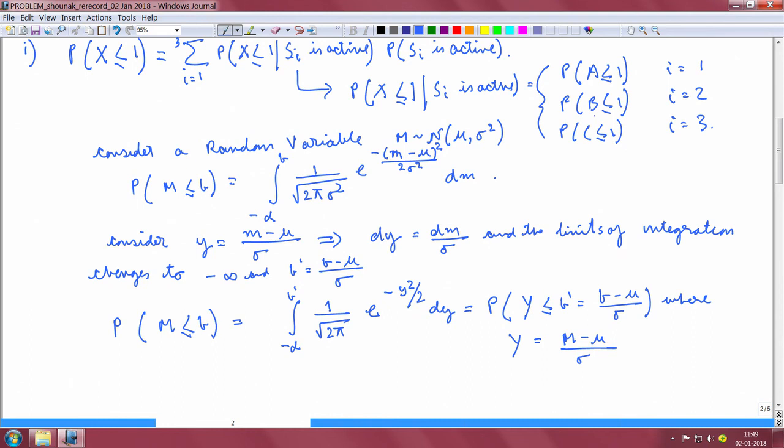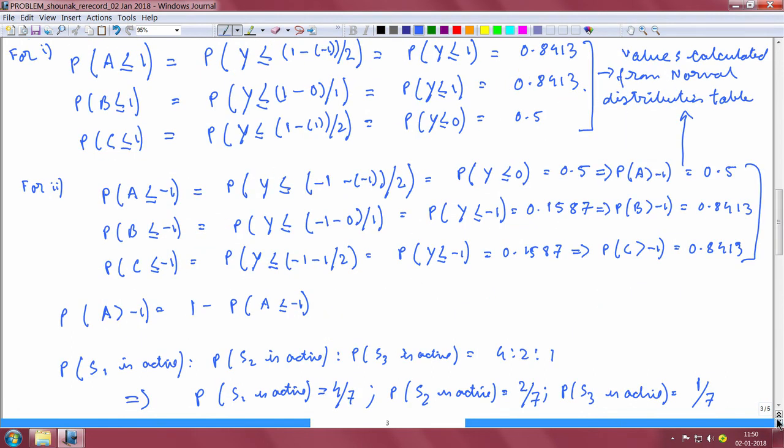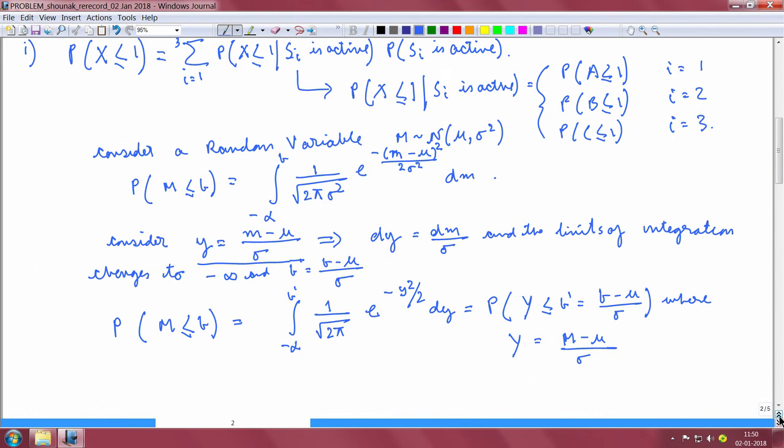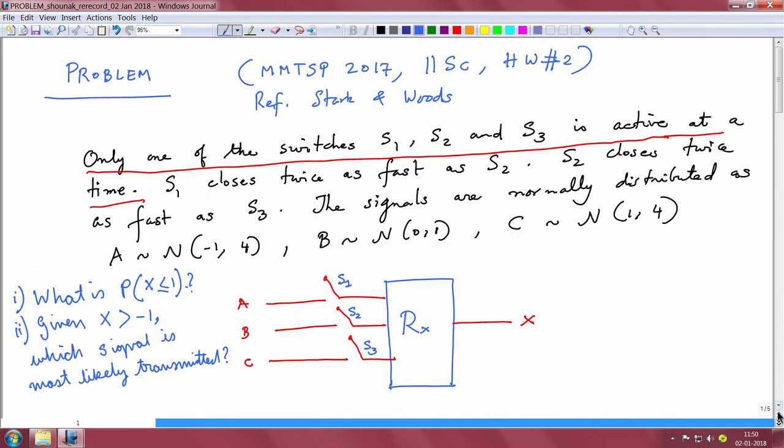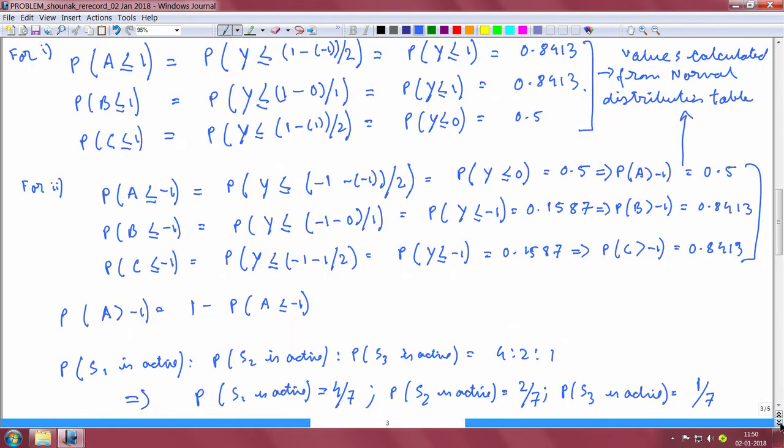Now we write the random variable function over here, and we do a standard substitution given by this particular point, and we have a zero mean and variance 1 expression. This will be helpful for calculating the values of A, B and C. Next we calculate the probability of A less than or equal to 1, B less than or equal to 1, C less than or equal to 1, and also the probability of A greater than minus 1, B greater than minus 1 and C greater than minus 1.